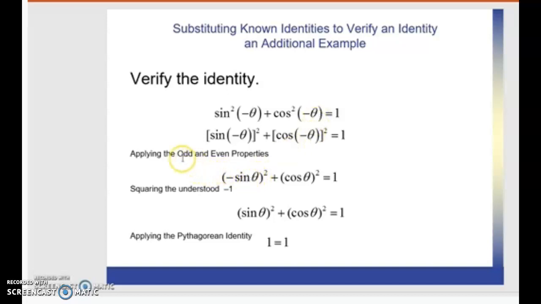At this particular time, we can apply the odd and even properties, which allow this negative sign to be put in front. And of course, here, our negative sign with cosine just goes away.